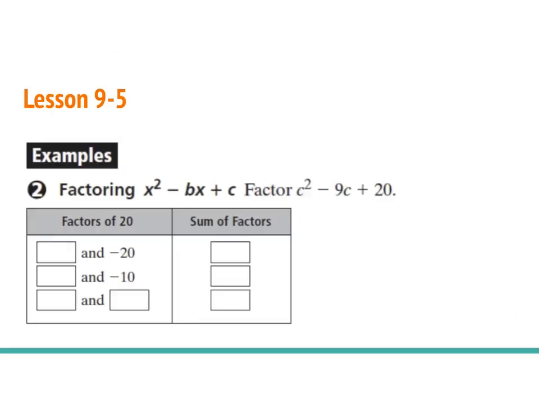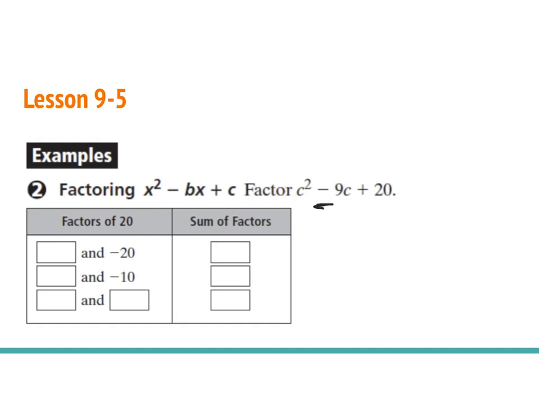Let's try another example. So in this one, we've got c squared minus 9c plus 20. Now remember, our outers and inners created that minus 9c, and since our third term is positive, we know that we had to multiply a negative times a negative in order to get that plus 20, right?